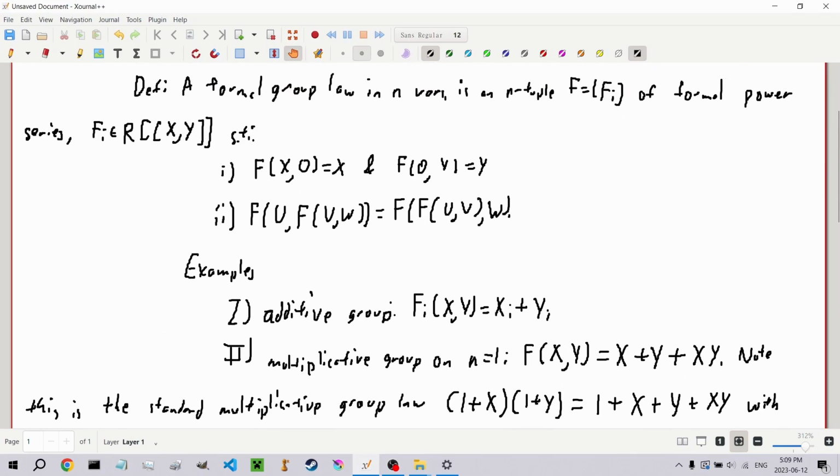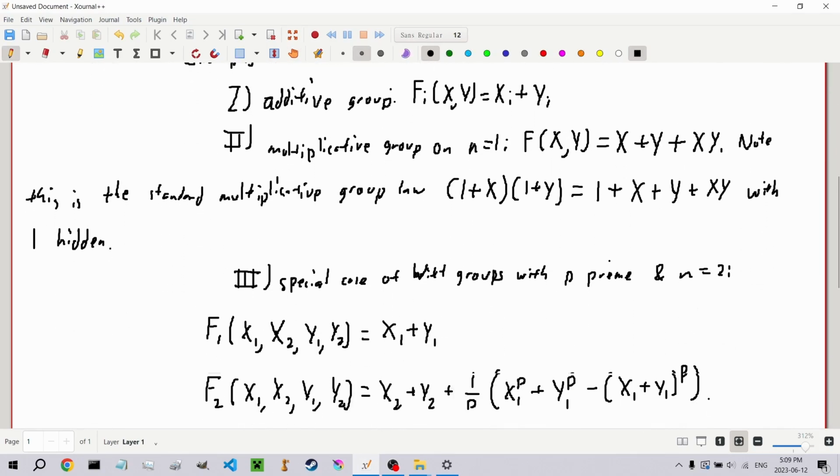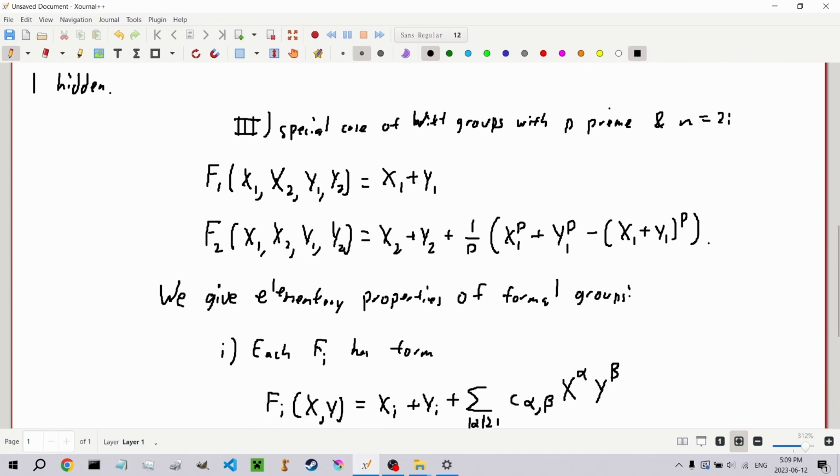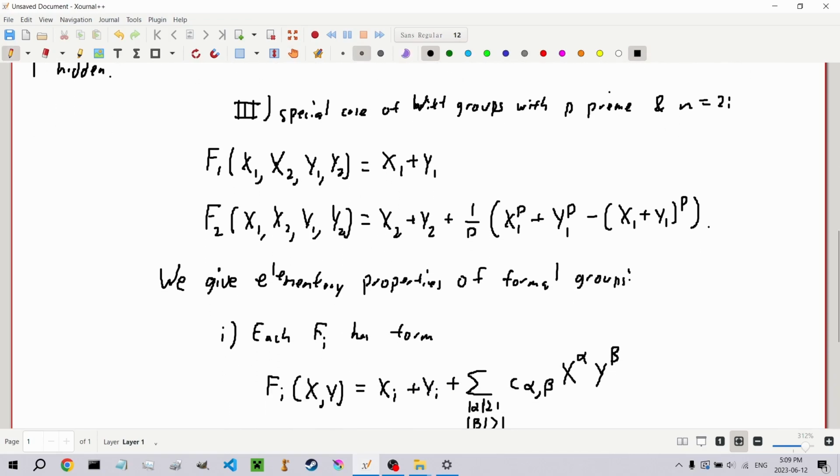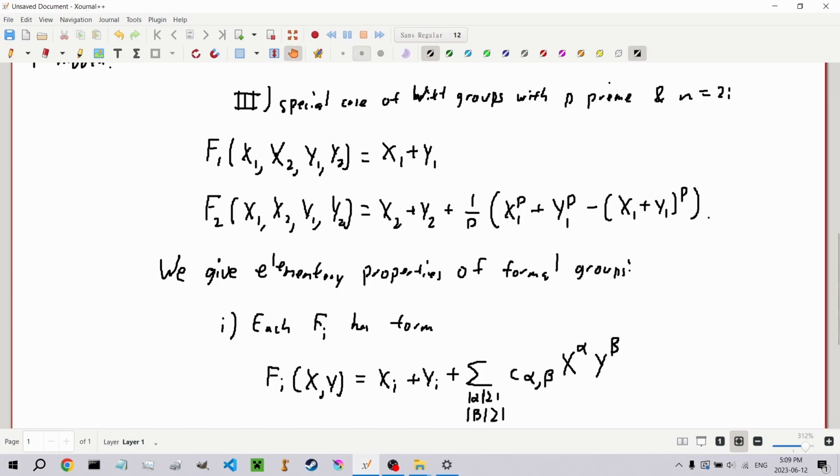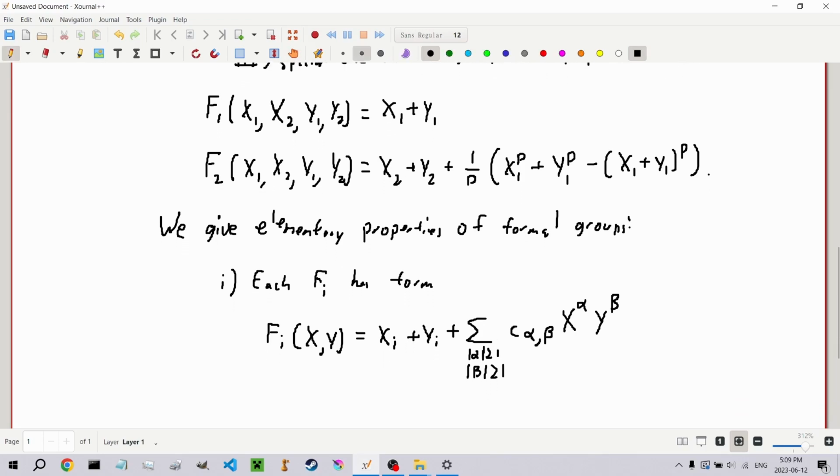And this is directly from our first axiom, where feeding in 0 has to give the other side. So 0 has to be a two-sided identity for each Fi.